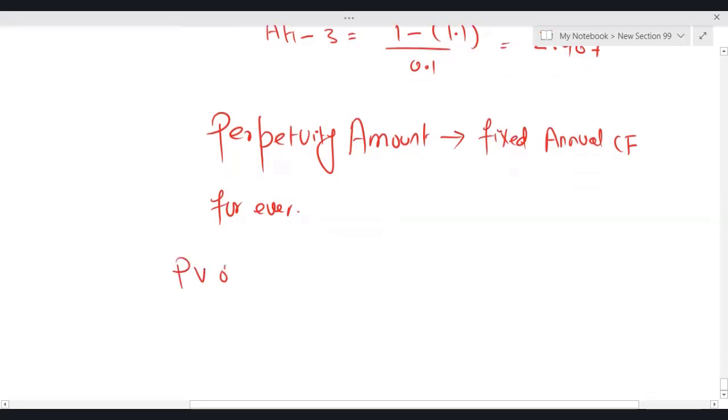Present value of perpetuity amount is equal to perpetuity amount into perpetuity factor.